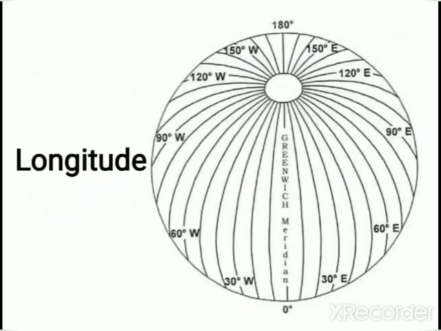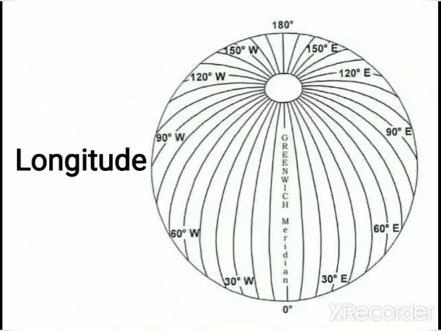You can see here the longitudes numbering 30 degree west, 30 degree east, 60 degree east, 60 degree west. So each longitude line has a degree. If one uses the directions of east and west from a defined prime meridian, they can be called the eastern hemisphere and the western hemisphere.